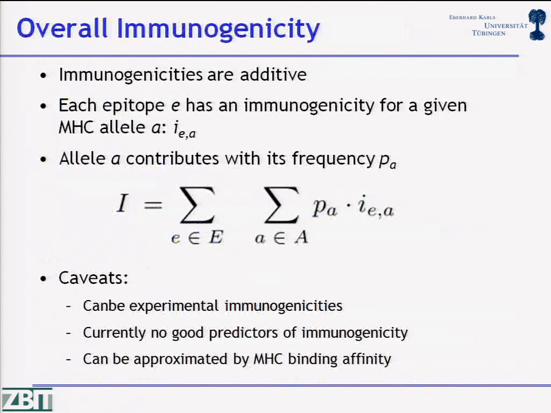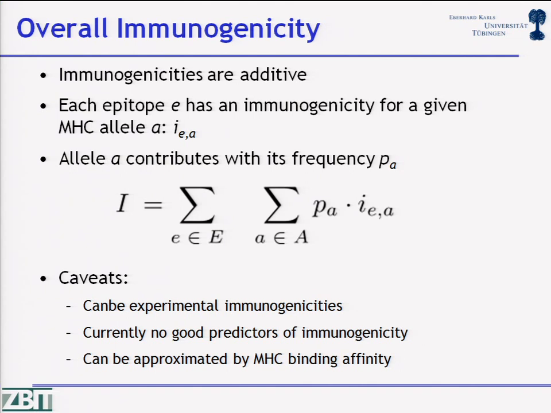When we try to maximize the overall immunogenicity, we basically assume that each epitope E has a certain immunogenicity for a given MHC allele A. So we need to determine these IEAs, which are the immunogenicities of epitope E on allele A. And we simply multiply these immunogenicities with the frequency or probability of an allele A, and thus the overall immunogenicity is just the sum over all alleles over all epitopes of the immunogenicities and their probabilities.